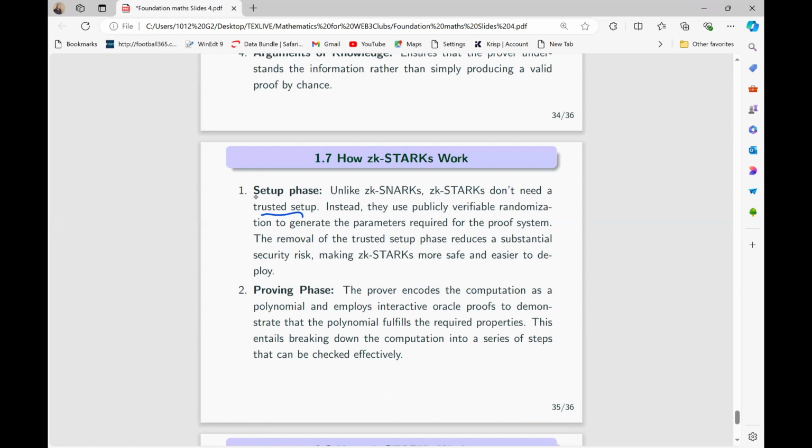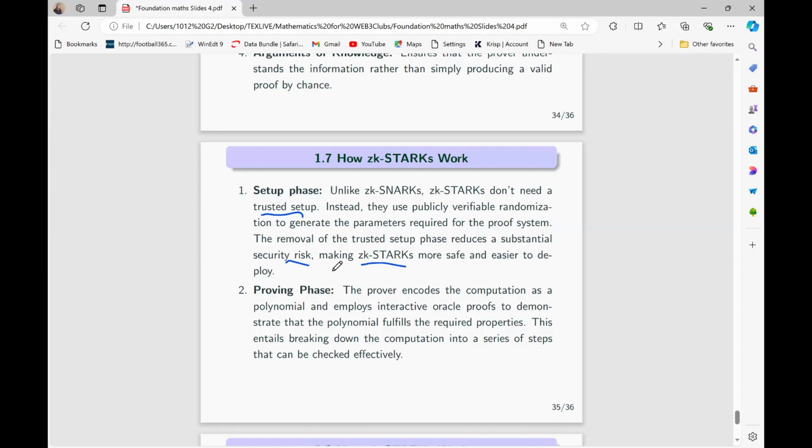Instead, they use publicly verifiable randomness to generate parameters required for the proof. So the removal of this trusted setup reduces the risk and therefore makes the ZK stacks safer and easier to deploy.